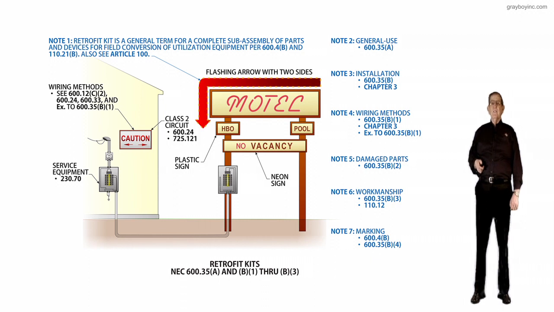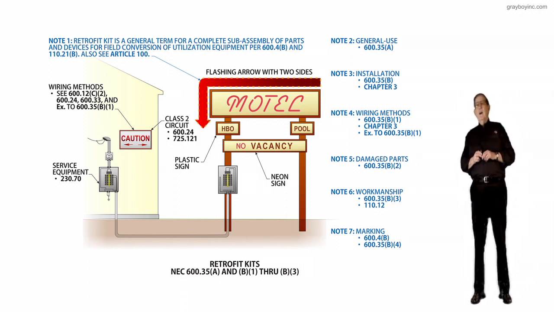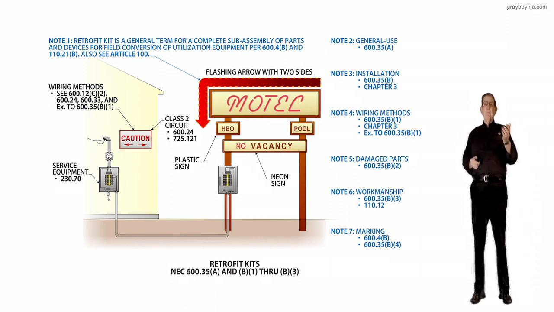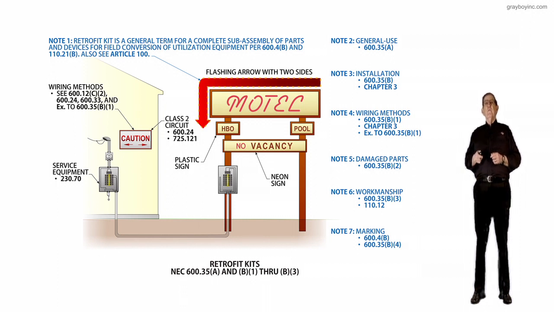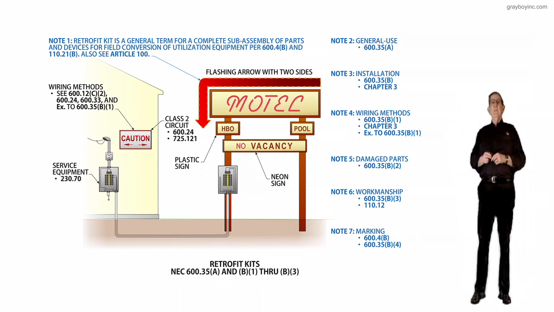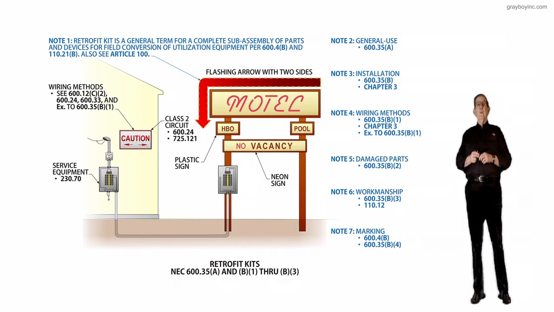Now, next I would like to review our 7 notes, and we will start with Note number 1, which is at the left top side of the illustration. Notice Note 1 states, retrofit kit is a general term for a complete subassembly of parts and devices for field conversion of utilization equipment as outlined in 600.4(B) and 110.21(B).